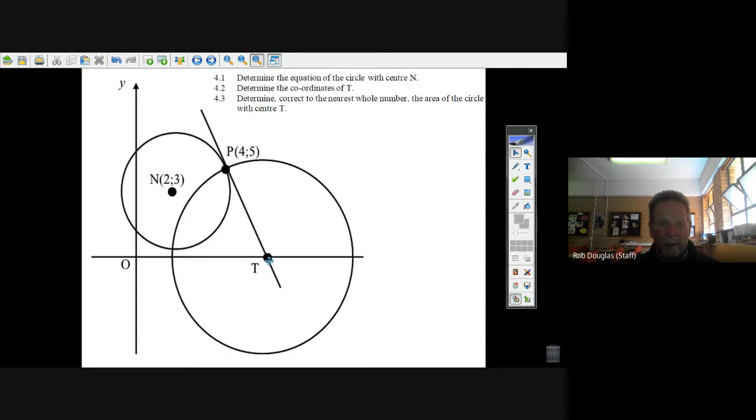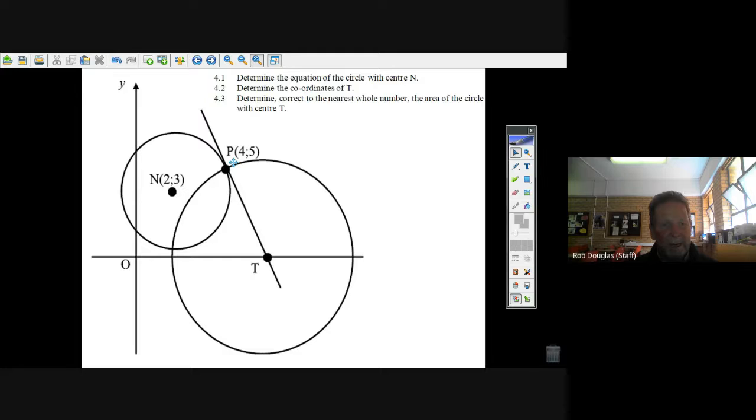They want us to find the coordinates of T. Well, PT is a tangent. I remember from my geometry, a tangent is perpendicular to the radius. We know the distance is root 8, the distance squared is 8, but we don't want the distance.